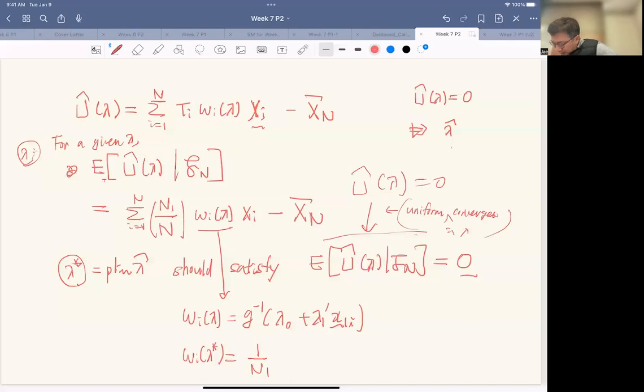I put lambda_1 star equal to 0, but that is not really important. What is important is that no matter which choice of lambda star, the answer is this. That's the only condition in some sense.